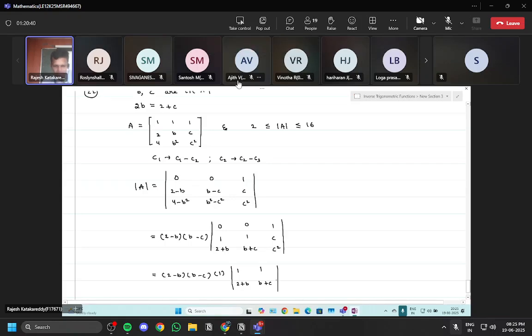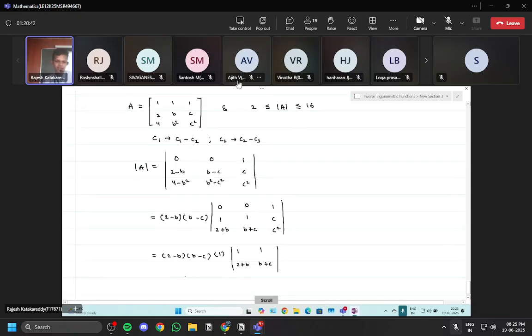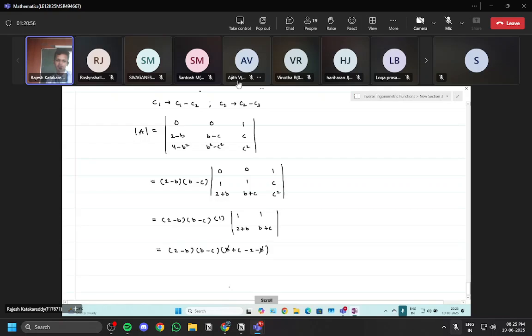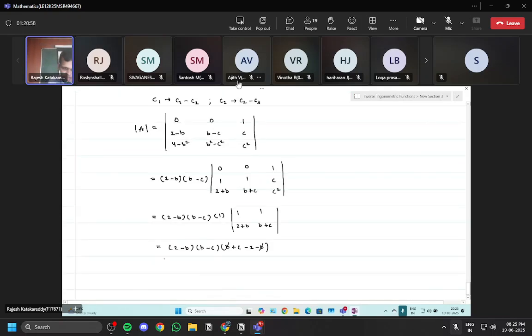We know how to calculate a second order determinant. This is 2 minus b into b minus c. Next, how much is this? b plus c minus 2 minus b, so plus b and minus b got cancelled. Now this will equal 2 minus b, b minus c and c minus 2.